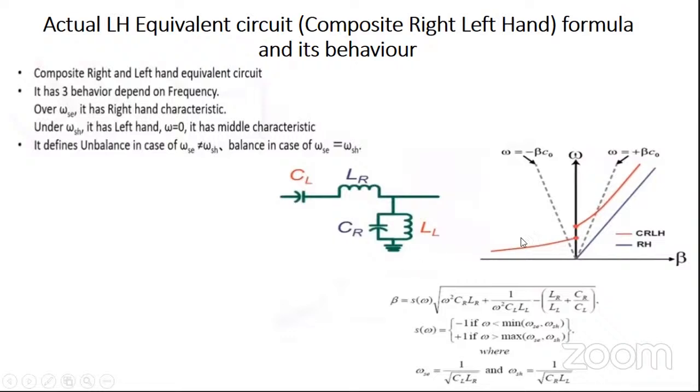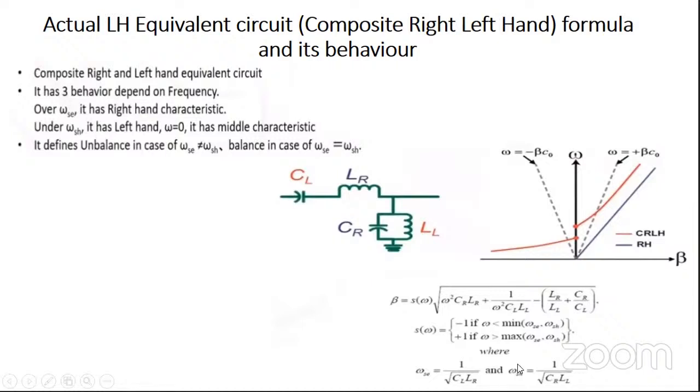This combination is called composite right left-handed materials. The formula to calculate beta versus omega for CRLH materials is also given here.